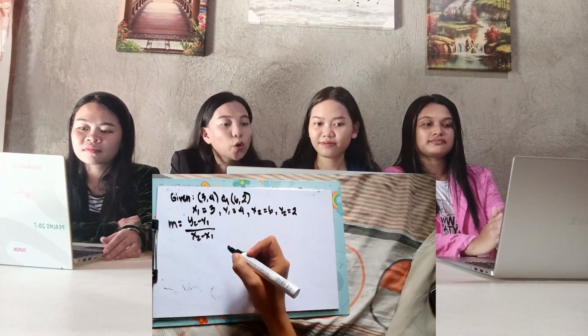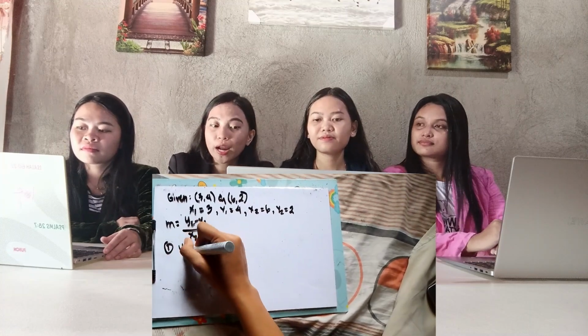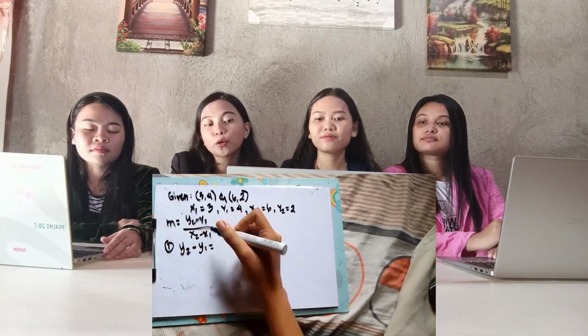Okay, so let's talk about the different types of slopes we encounter. We've mentioned that a positive slope means the line is going up as we move right. What about negative slopes, Ruby? Good one. A negative slope means the line is sloping downwards. For example, we have the points (3, 4) and (6, 2). We can use the formula again.